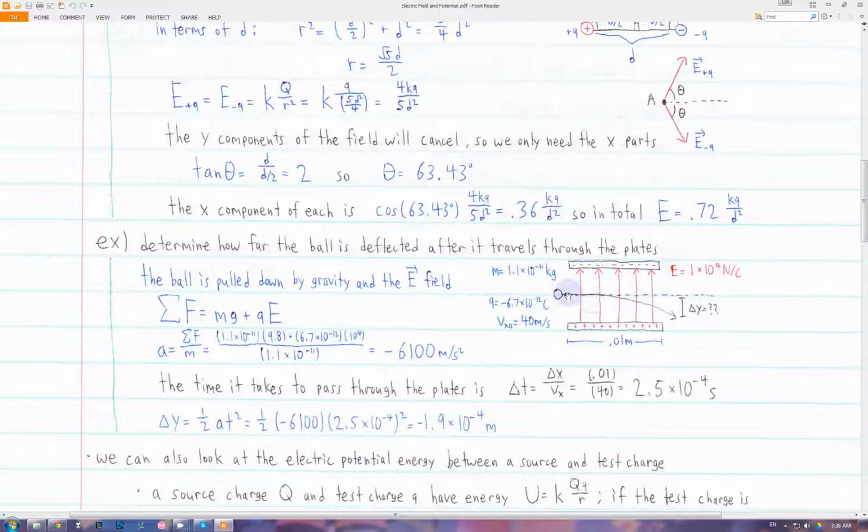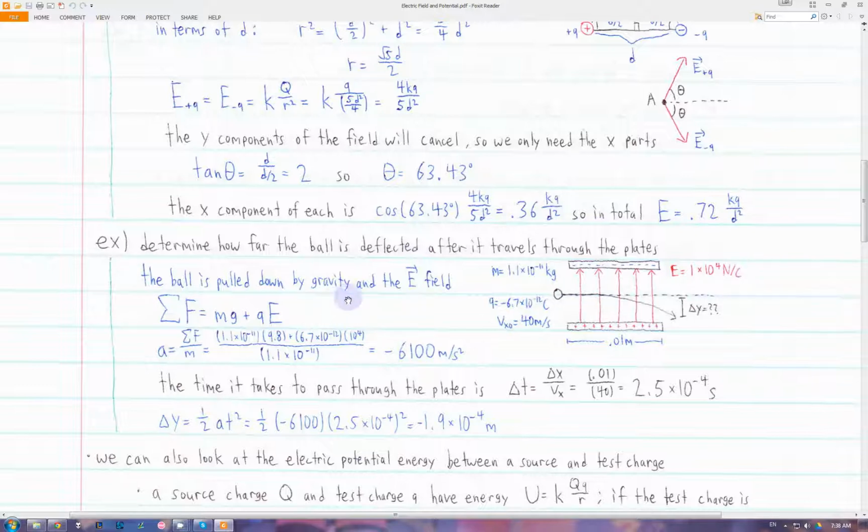So we know that since this ball is a charged object, when it passes through this electric field, it will feel an electric force. So we want to know what is the deflection that it will experience in the y direction when it passes through this electric field.